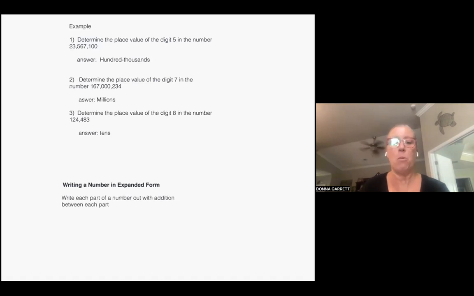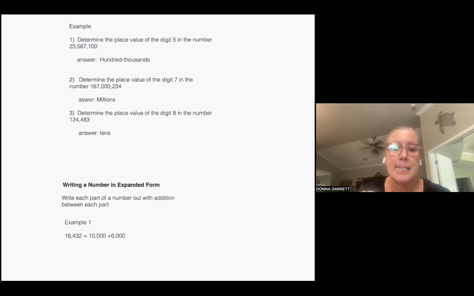Okay, this number, if I want to do it in expanded form, it is equal to 10,000 plus 6,000. Let me expand this so it doesn't look cut off. All right, you're taking each number and writing it out.